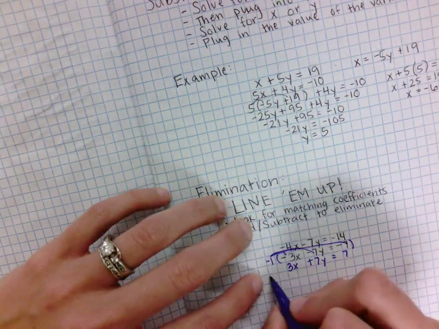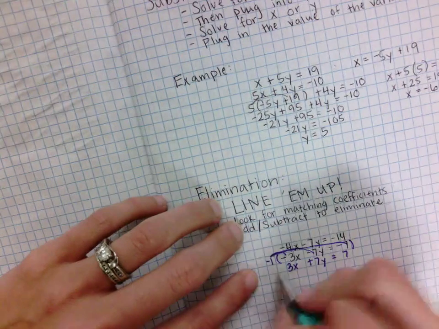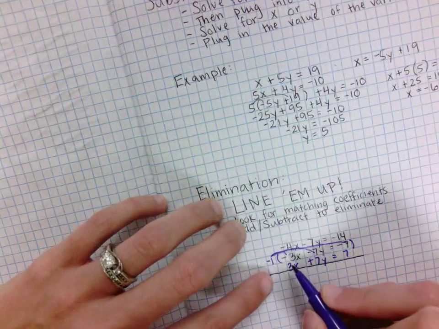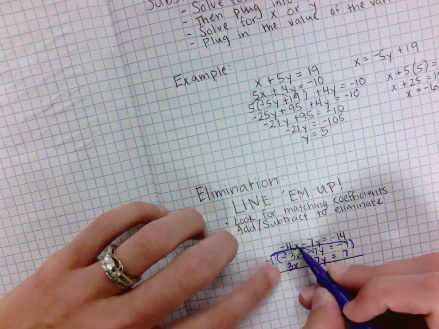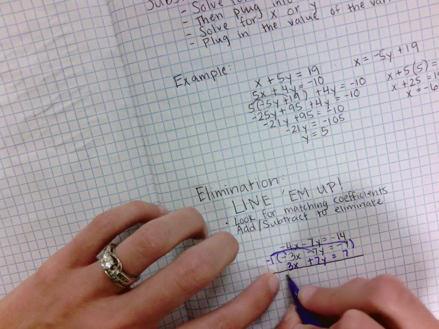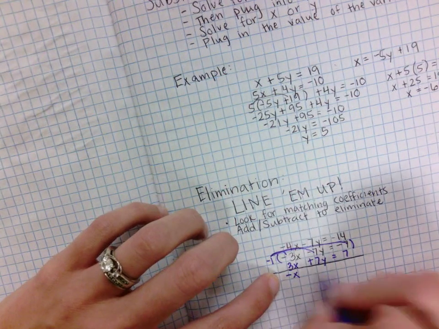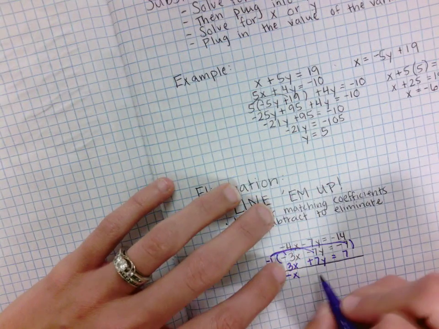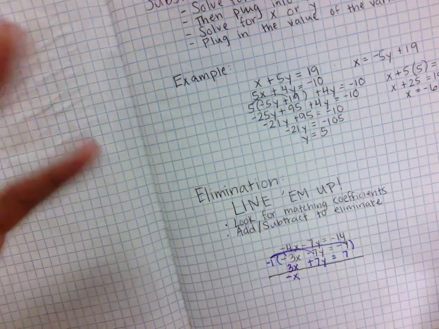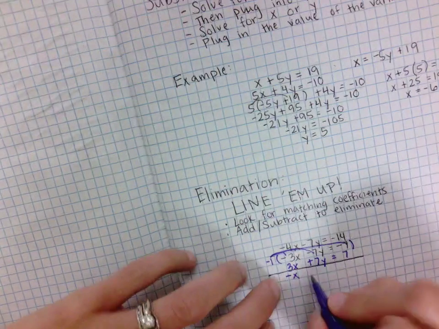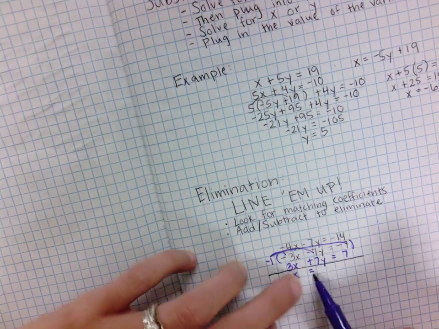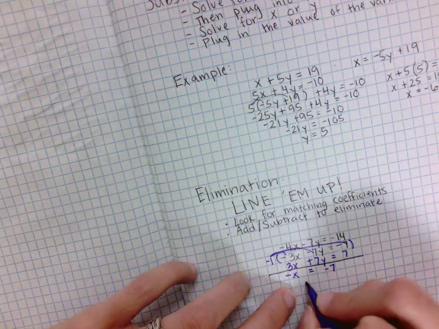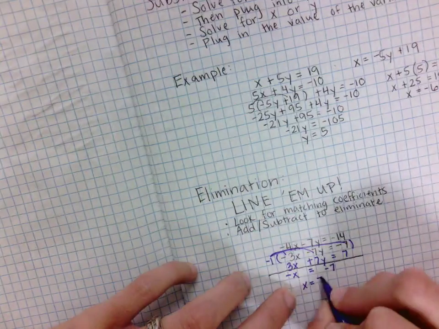From here, you're going to draw this line, and you're going to simply combine them. So negative 4x plus 3x is negative x, and then negative 7y plus 7y cancels each other, it eliminates it. And then negative x equals negative 7, so when we solve for x, it equals 7.